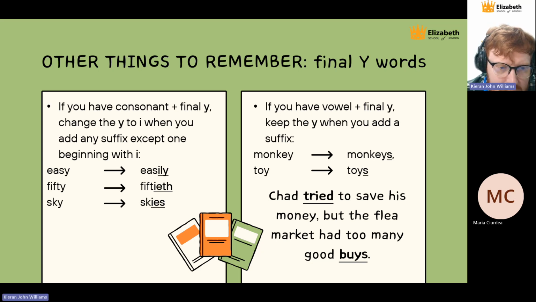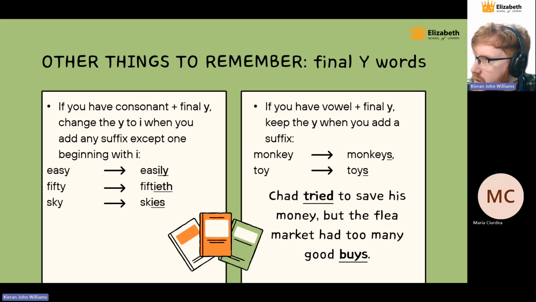So easy becomes easily by removing the Y and adding the suffix ILY. Fifty follows a similar rule. We remove the Y and then make it IETH. And for sky, again, we remove the Y and we make it an I to add on our suffix, which is the plural form.